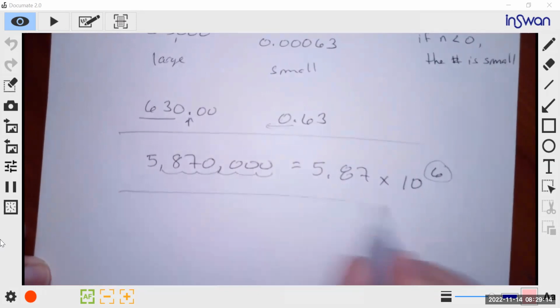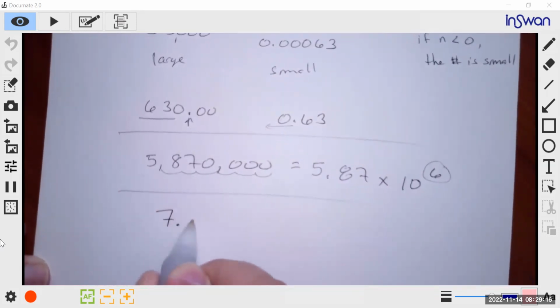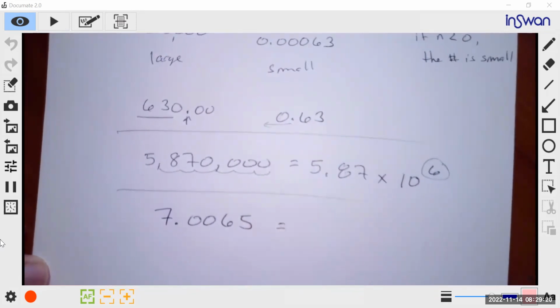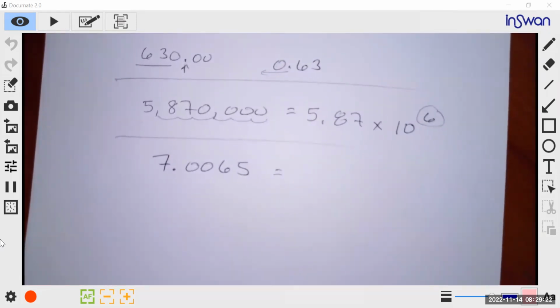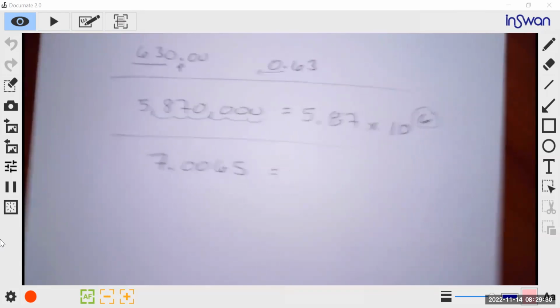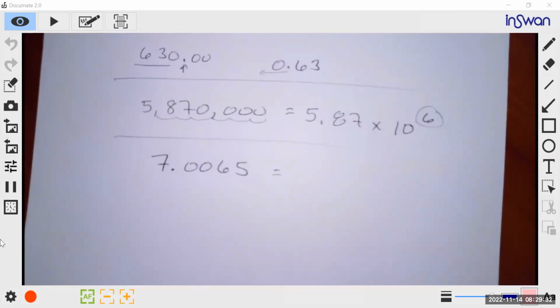How about this one? Convert that into scientific notation. No, this is a trick question.